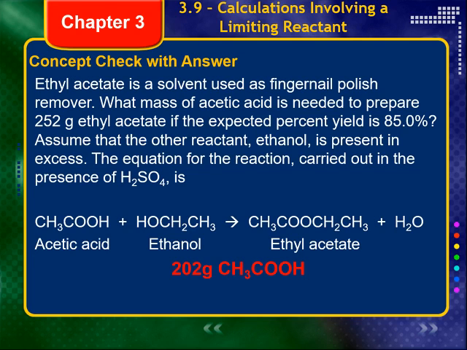And so to get that actual yield, once we have that actual yield, we can carry out a normal stoichiometric calculation, convert that into the substance that we need, and that's going to give us the 202 grams of CH3COOH.